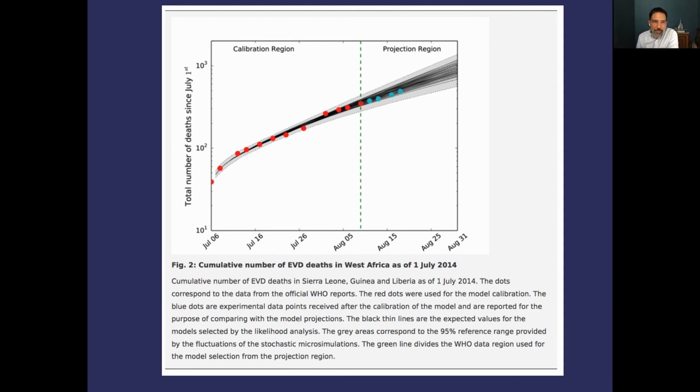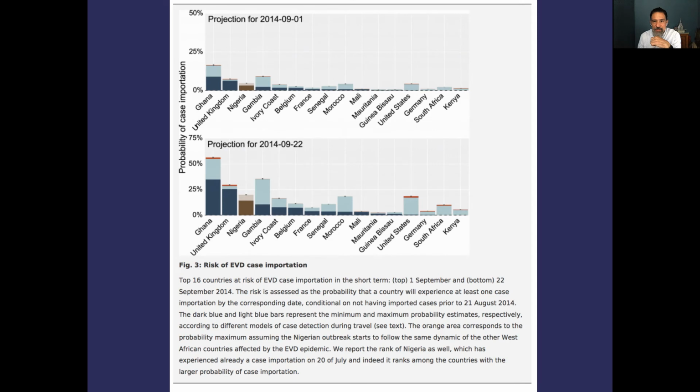So this relates to, of course, knowing just the general outbreak trajectory and having a model that predicts what's going on in West Africa is important to this question, because it relates to the probability that someone with Ebola would board an outbound plane during their incubation period, or in other words, prior to showing any signs and symptoms, because there were methods to screen for people with symptoms at airports so that they didn't travel.